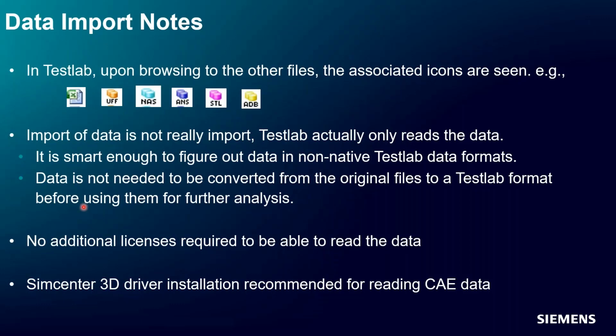And when we browse to the data, we can see the corresponding icon related to that file format. For example, if it is Nastran data, it will have this type of icon, and ANSYS is this. STL, stereolithographic, has geometry information that looks like this and such. So TestLab is able to read that information, and then we'll be able to access that in a very easy way.